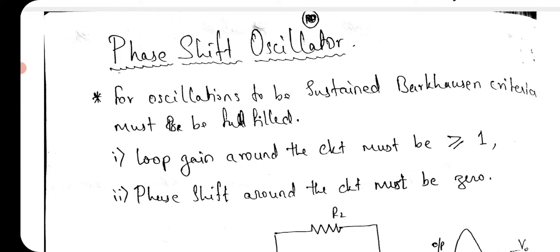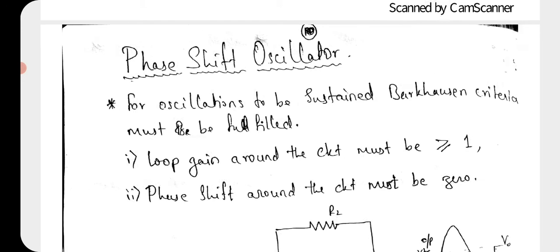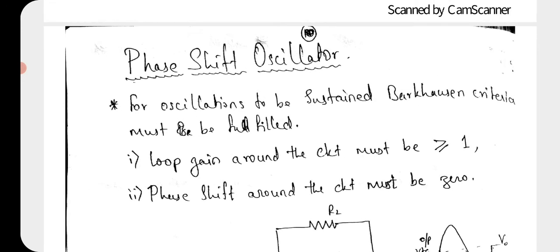As you have already learned about oscillators in your previous semesters, the RC phase shift oscillator you have learned in your, I guess, AEC subject, right? There you have learned about the necessary conditions to be met for the oscillator to produce oscillation.